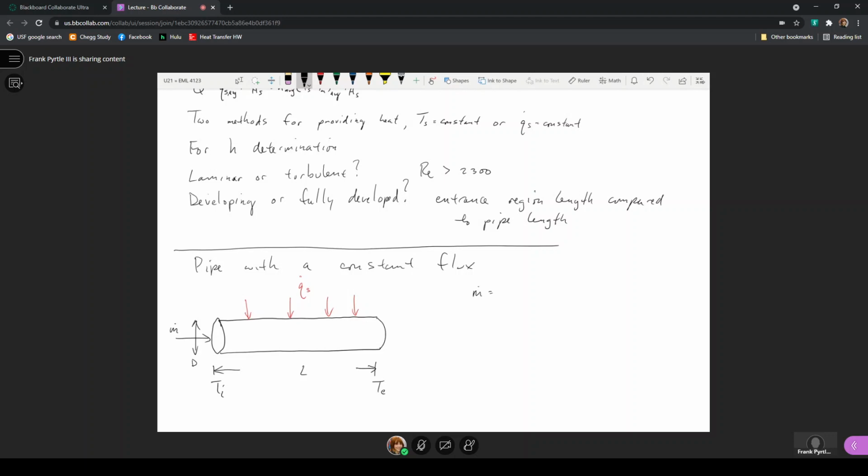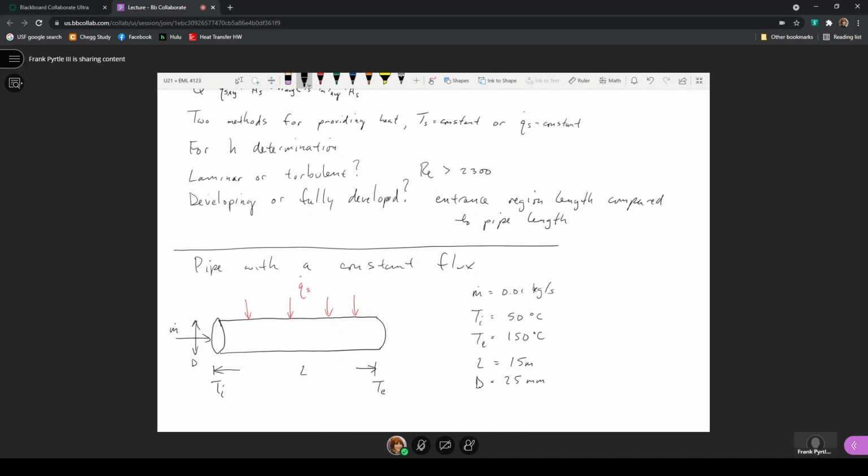So here, the mass flow rate, we'll take it as 0.01 kilograms per second. The inlet temperature and the exit temperature here, 50 degrees and 150 degrees. The length of the pipe at 15 meters and the diameter at 25 millimeters. So very small. And anytime you see a diameter in the internal flow problems, that is the inside diameter, inner diameter of the pipe.